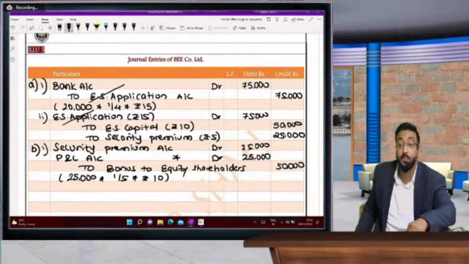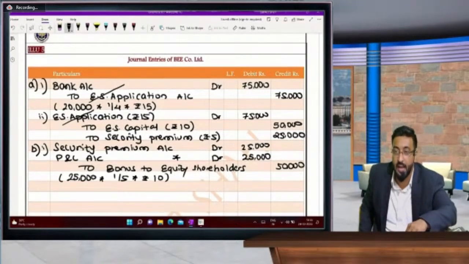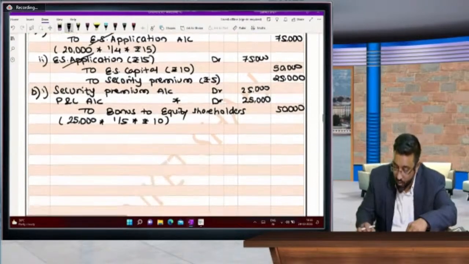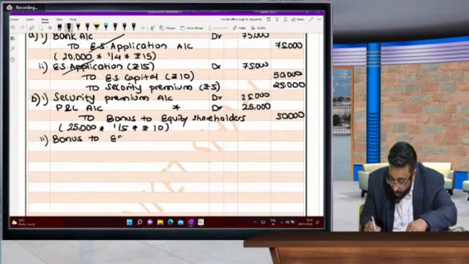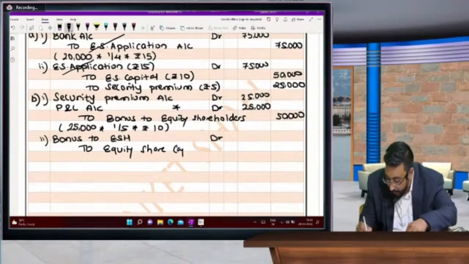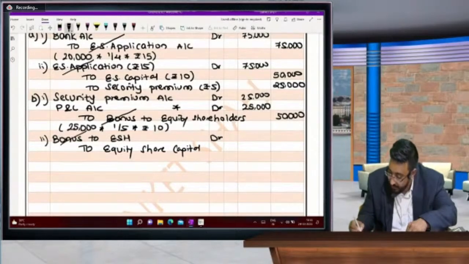So first priority, as CRR is not there, securities premium, then P&L, and then bonus to equity shareholders is a temporary account. Bonus to equity shareholders, use shortcut, and you are going to increase equity share capital. So this is a temporary account, so bonus will get cancelled, 50,000.